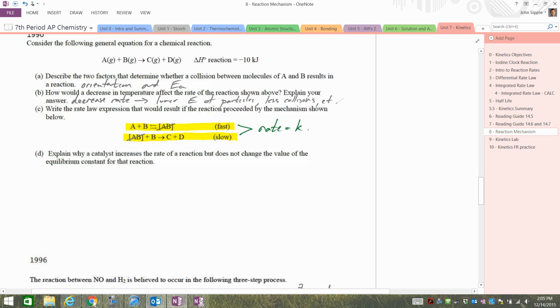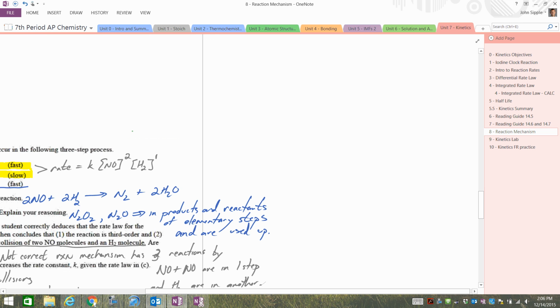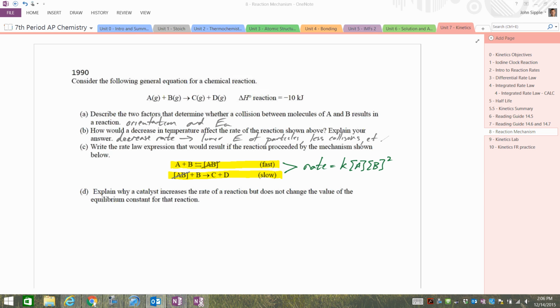It sure is: concentration of A times concentration of B squared. Very good. Everybody see where that's coming from? We've got our 1 A right here, and then our 2 B's right there.